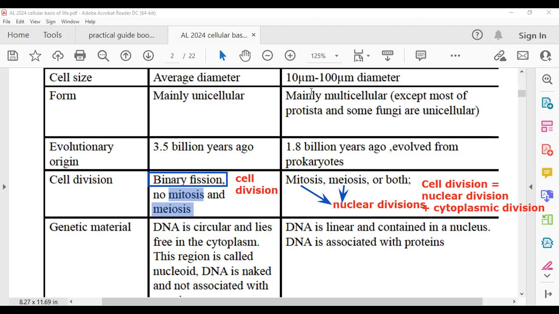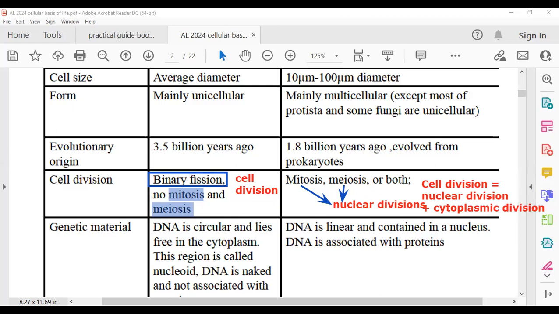Completed? Right. For an idea, I will show you the binary fission in bacteria. I will show you a small photograph for you to get a clear idea.